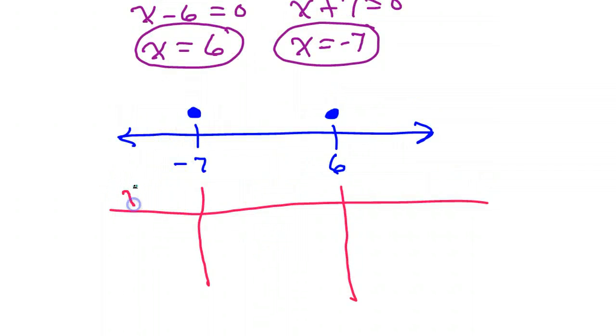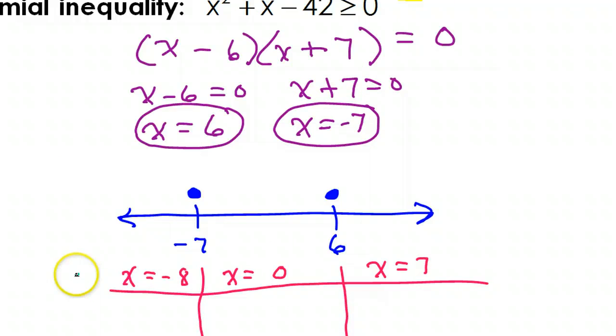So over here, I might look at x equals -8. Over here, I might look at x equals 0. Okay, that would be in here somewhere. And over here, I will look at x equals 7. Okay, and I want to find out if these values make true statements or not.